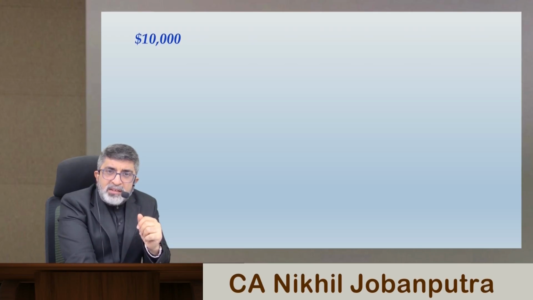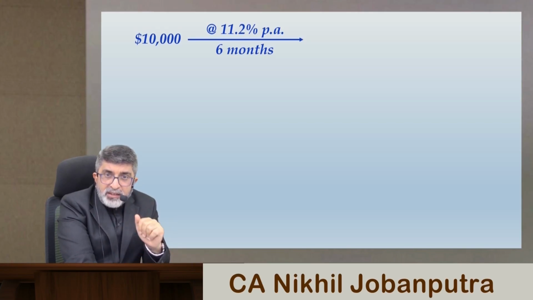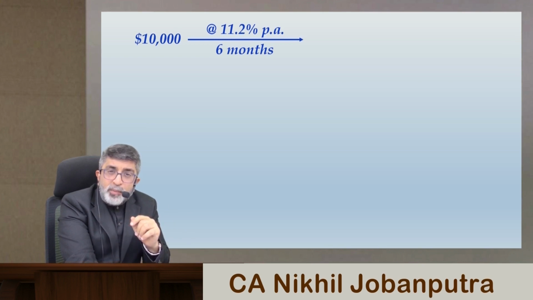Let's assume that you borrowed $10,000 now and you have borrowed for 6 months. So 6-month MRR, MRR stands for market reference rate, correct? So 6-month MRR is 11.2%. The rate is always per annum, but it is applicable for a 6-month borrowing.